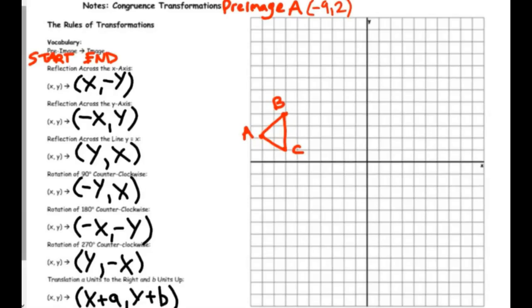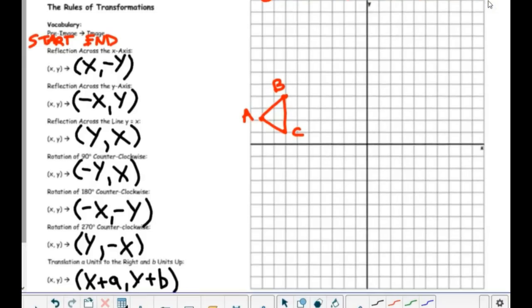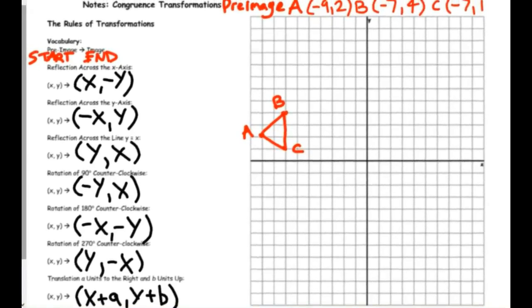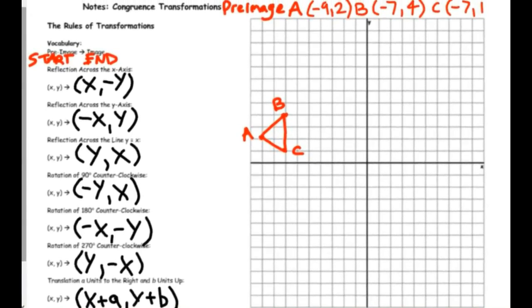That's A. Then B is one more over, 1, 2, 3, 4, 5, 6, so (negative 7, 4). And for letter C, we have (negative 7, 1). Okay, so that's our pre-image.